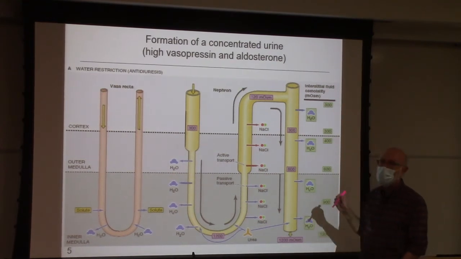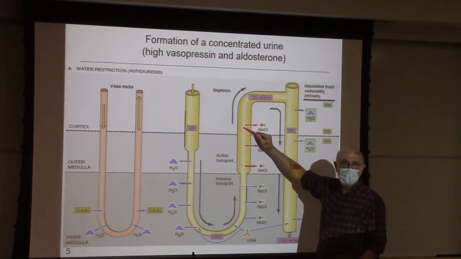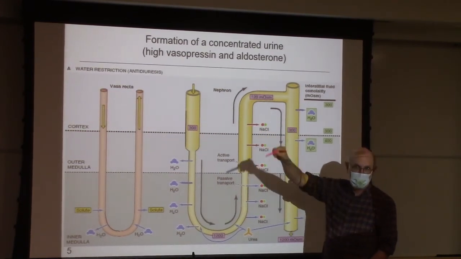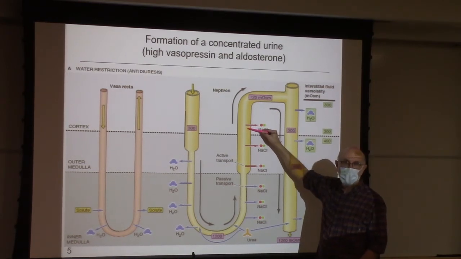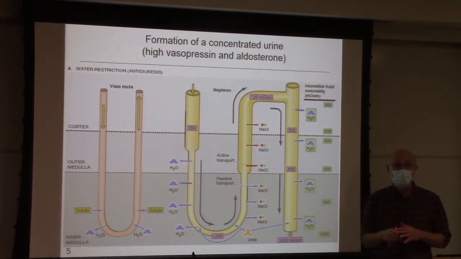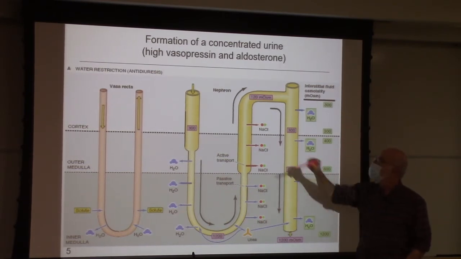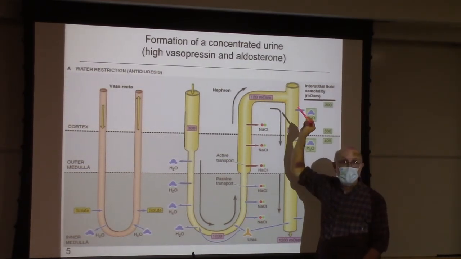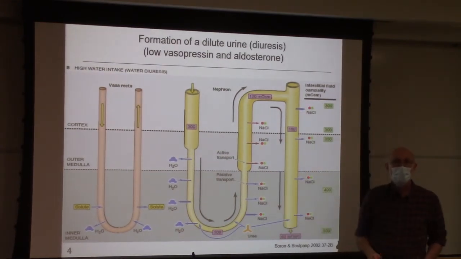Yes, there is lower volume, and the reason I know that is one of the things that the macula densa detects, and we're going to get to that in a minute. The macula densa detects lower volume flowing in the distal tubule, and that's going to affect some changes. So yes, I'm certain that the volume flow in the distal tubule is lower in this setting than in this setting.